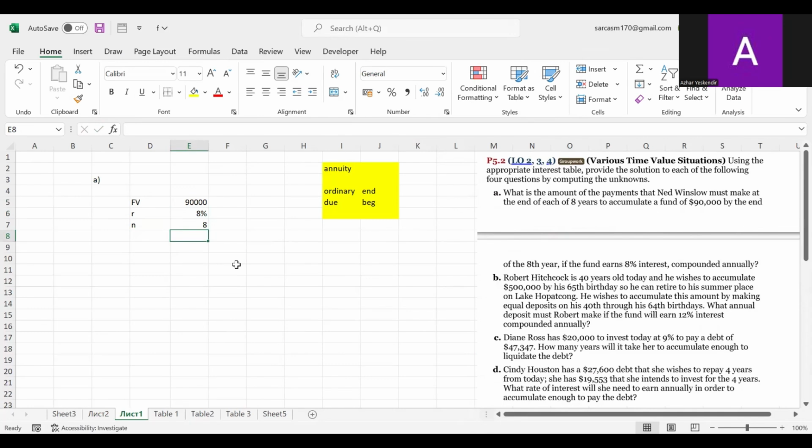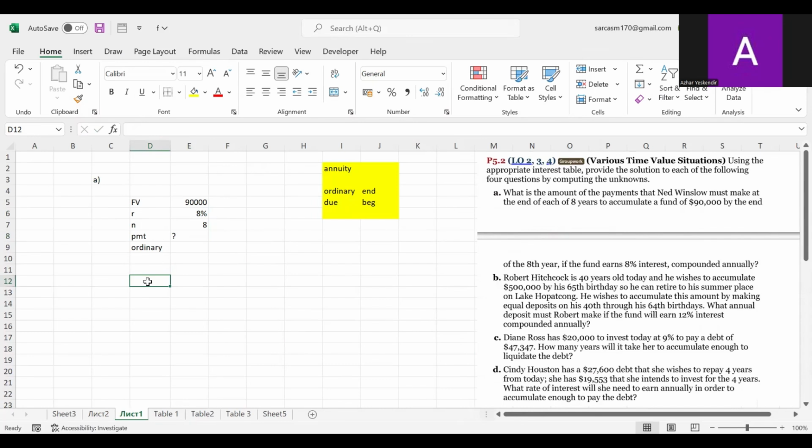At the end, it means that it is ordinary. Let's write ordinary. And payments unknown. Payments we don't know. So basically, we need to find payments.